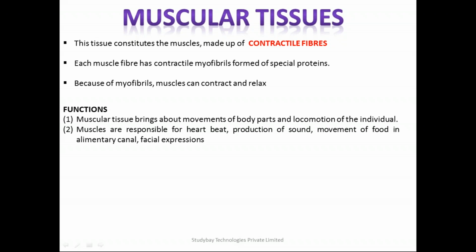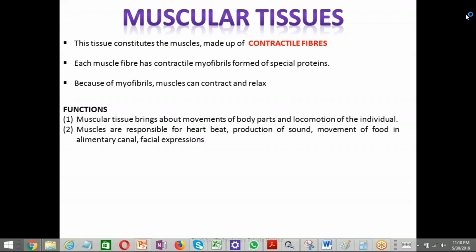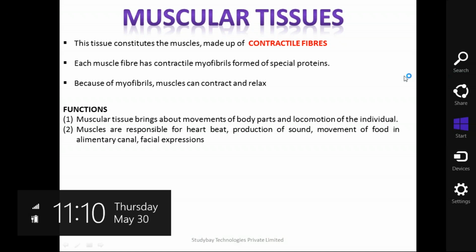So let's go ahead and start with the muscular tissue. This tissue actually constitutes muscles, which are made up of contractile fibers. Contractile fibers means these are very flexible, and they can contract or expand based on the requirement.